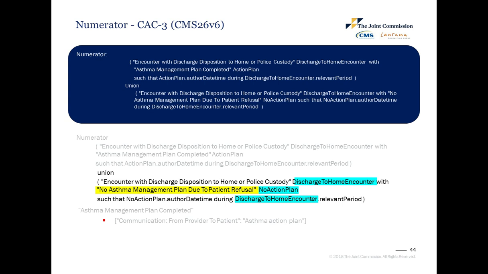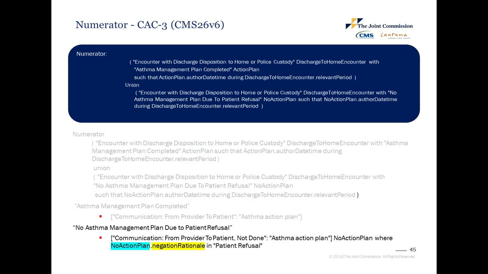The definition, no asthma management plan due to patient refusal, will be explored next. Here you see we use the same data type, communication from provider to patient, but we add not done and use the negation rationale attribute to capture the concept of patient refusal.